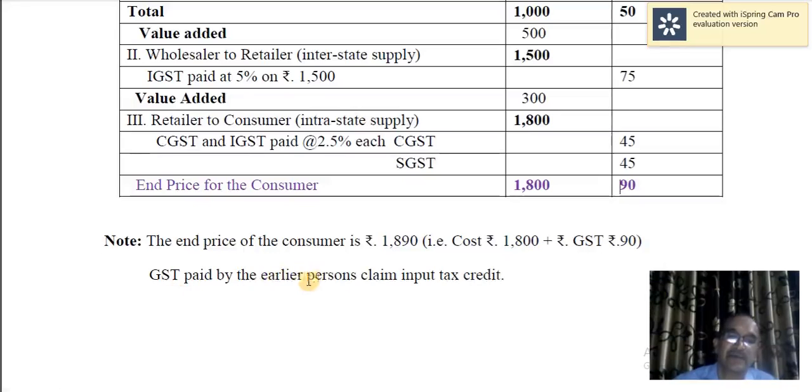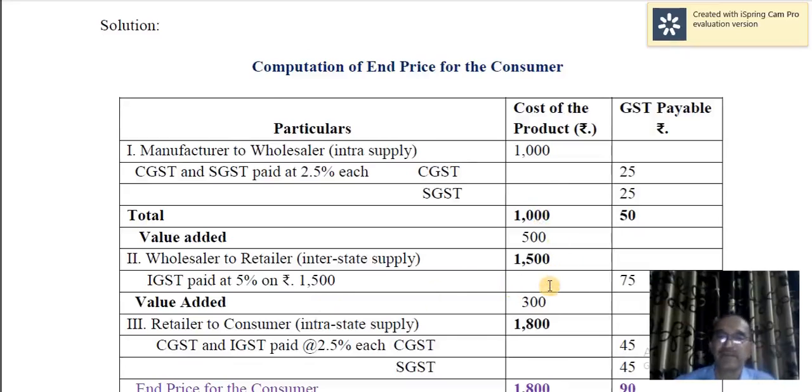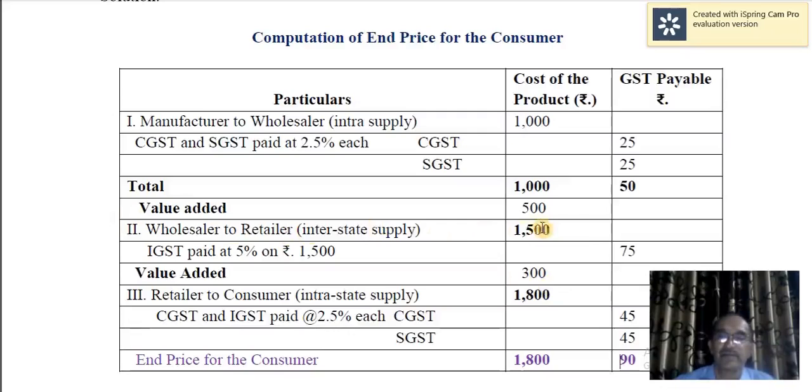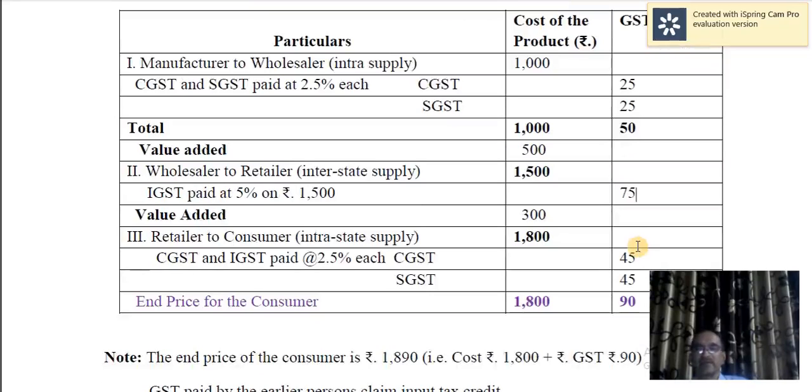GST paid by the earlier person is claimed as input tax credit. For example, here, say wholesaler to retailer. He collects 75 rupees tax, but he pays 50 rupees, that is tax on the purchases. He purchases from the manufacturer, a supply is made to him, so input tax is 50, output tax is 75, so the net tax is just 25. Okay. Then again here, retailer to consumer.